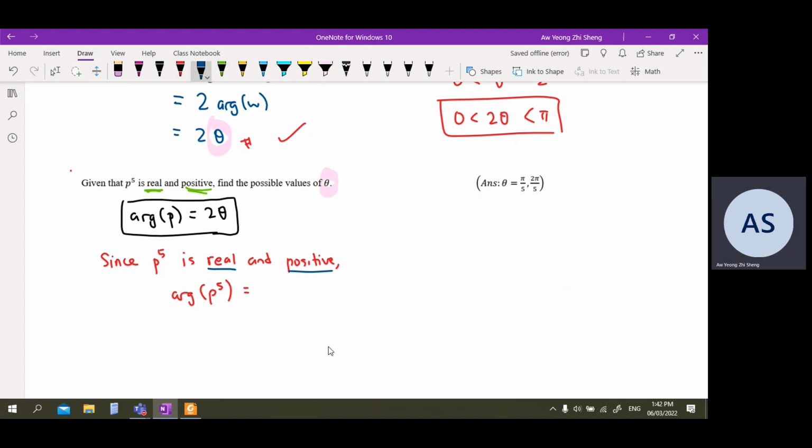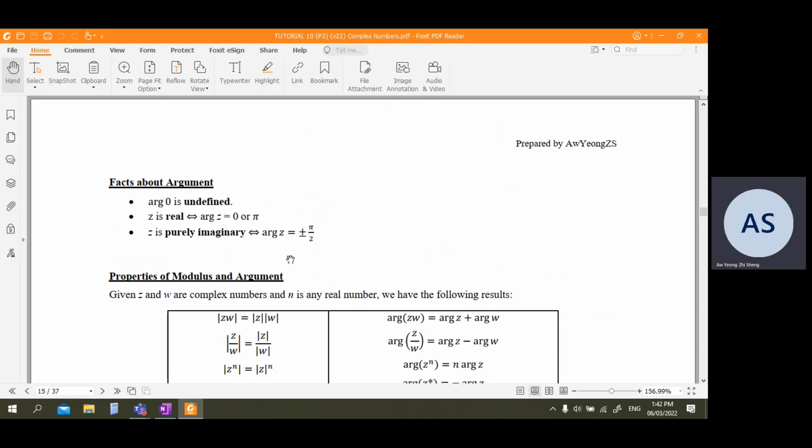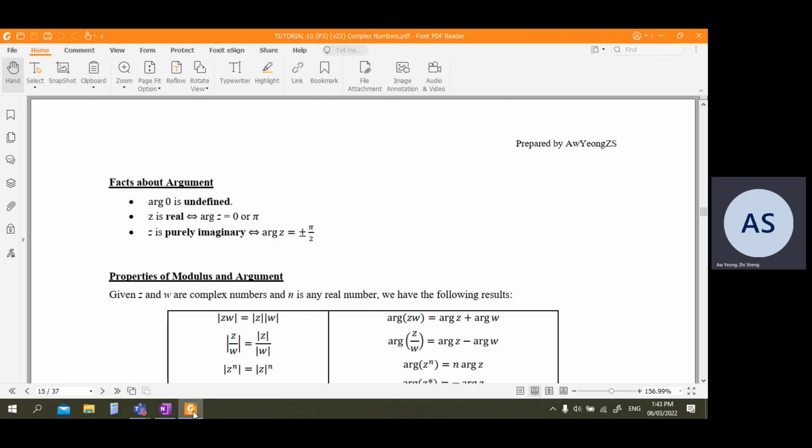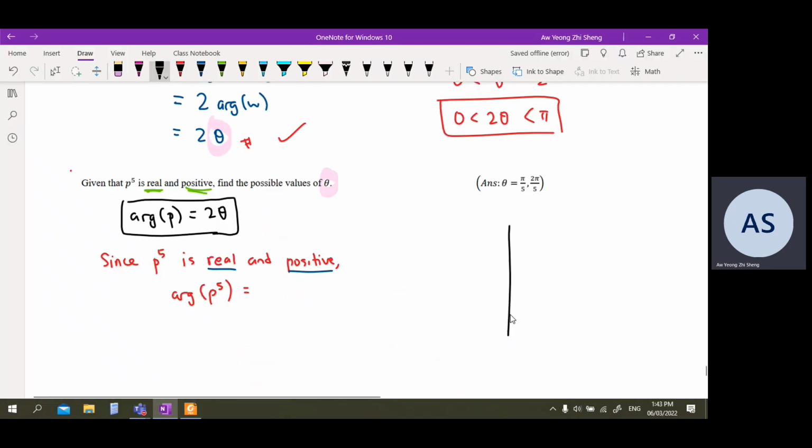Now, recall earlier, at the top of page 15, we learned that if a number is real, the principal argument must be either 0 or pi, because the point representation of a real number must be a point on the real axis. So let's just visualize the Argand diagram here. Real part of z, imaginary part of z.